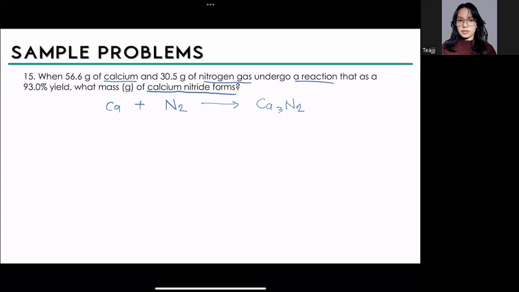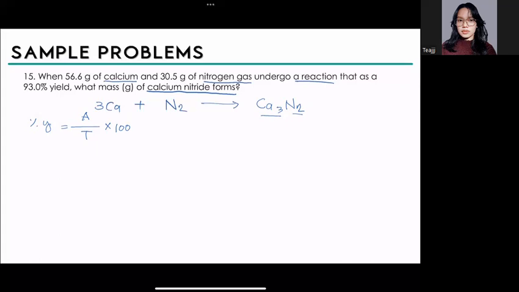So, in this case, for percent yield, you have the actual yield all over the theoretical yield times 100. Now, wait. We have to balance pa pala our chemical equation. So, you have tatlong calcium, so you put 3. Then you already have N2. So, no other problems. So, ito na balance na natin yung chemical equation.